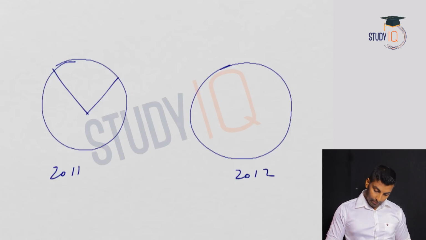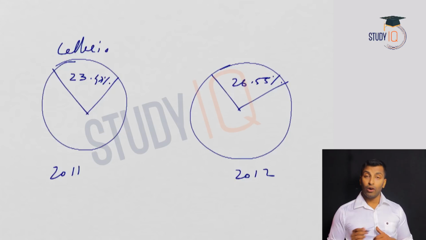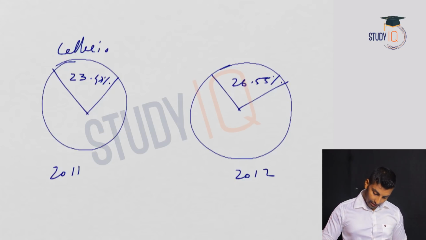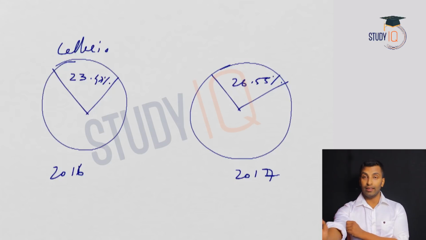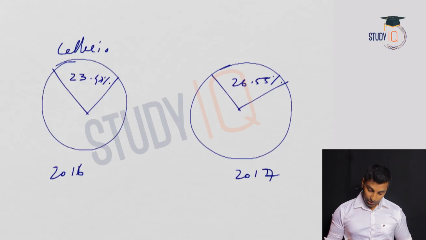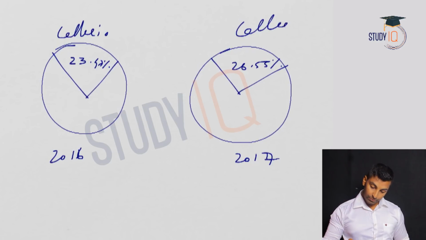In 2011, out of their total, 23.47% was Celerio. Now in the year 2012, 26.55% was Celerio. Or let's take 2016 and 17, because in 2011 Celerio was not introduced. So in 2016 and 17, this is also Celerio.